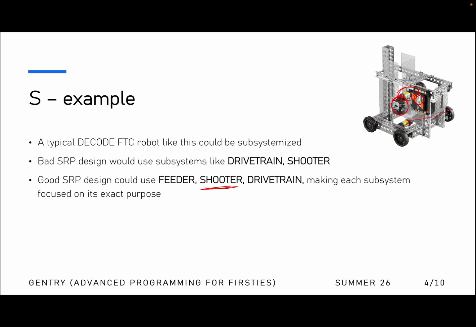And then the drivetrain, of course, would take care of our overarching drivetrain. So this would make each subsystem focused on its exact purpose and be very intentional with the design of the subsystem.